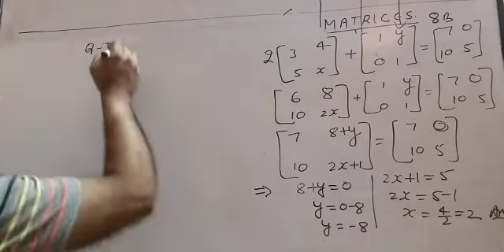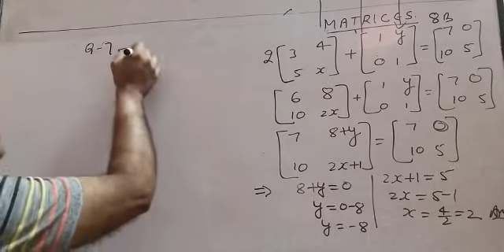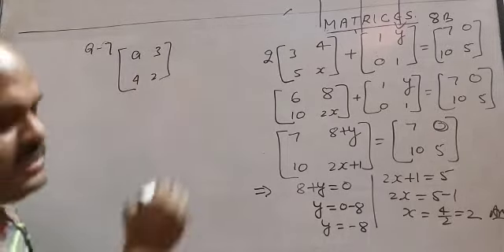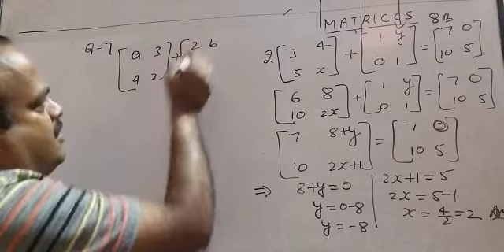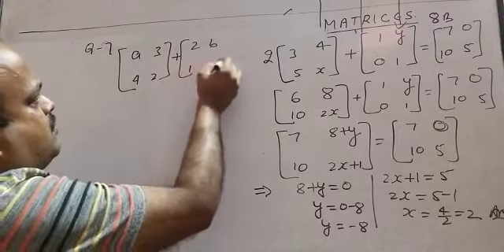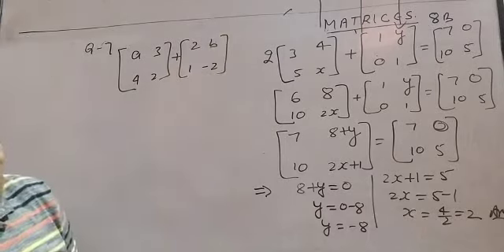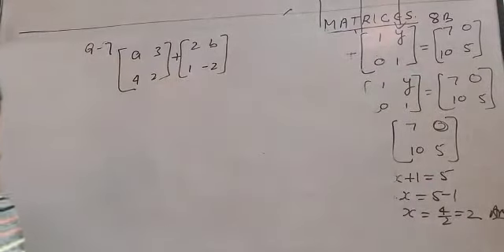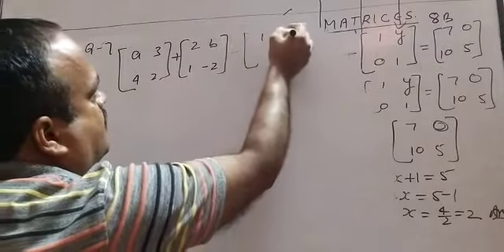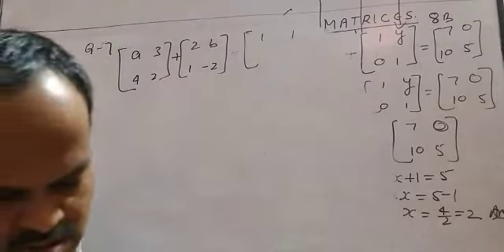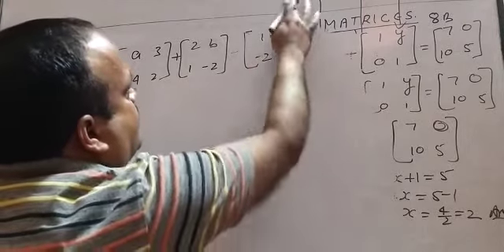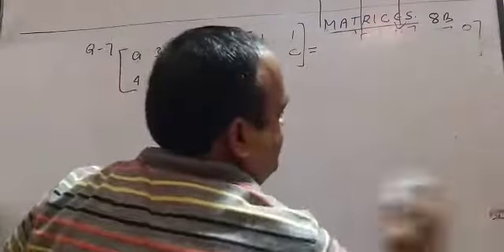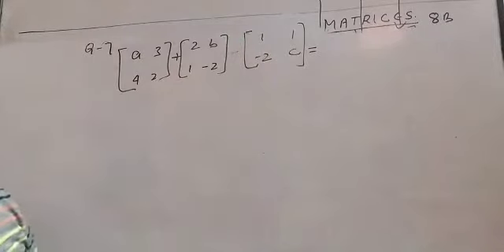We have an equation: A times [3; 4 2] plus 2 times [b; 1 minus 2], third one minus 1 1, minus 2c is equal to [5 0; 7 3].